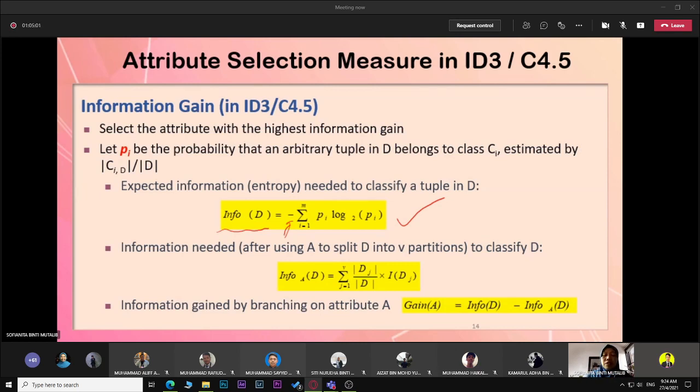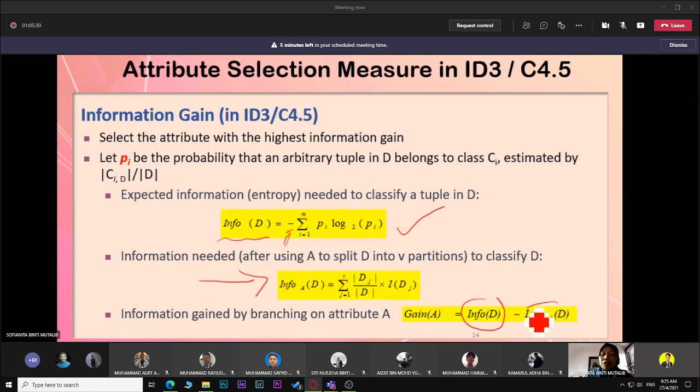Next, the formula is what we call the information of the attributes. It is quite complex, but don't worry. It is actually replicating the same process as in the previous formula. After you get the information of the attribute, you compare: the information of the data minus the information of the attribute.